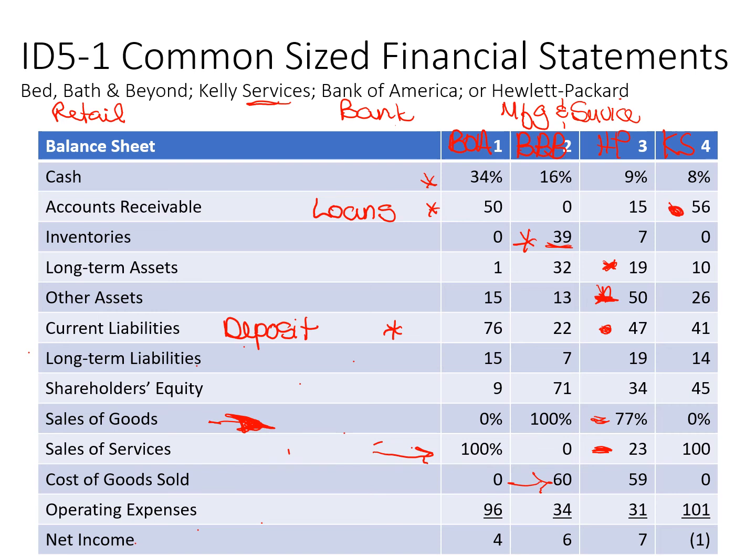Now, can you see why number 4 is Kelly Services? They have a lot of accounts receivable, and they're 100% services, so they sell their services on account to customers that say, oh, pay me later. So a lot of their services are not cash services, but credit services or services on account.